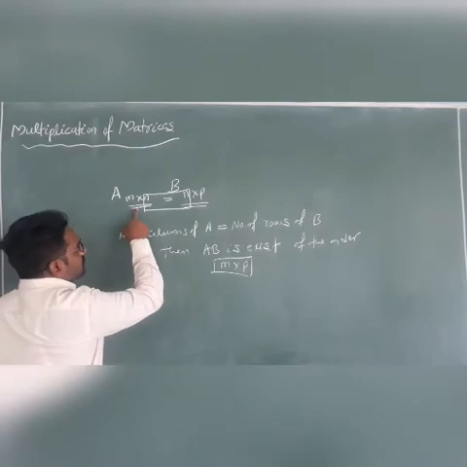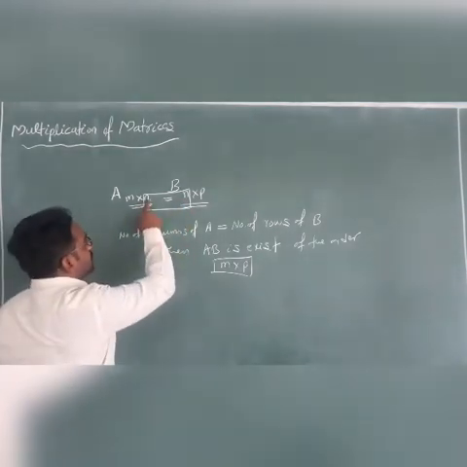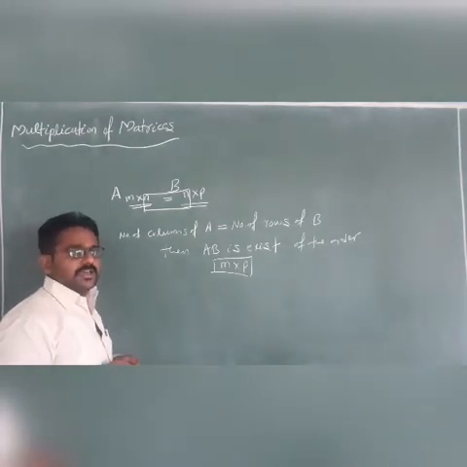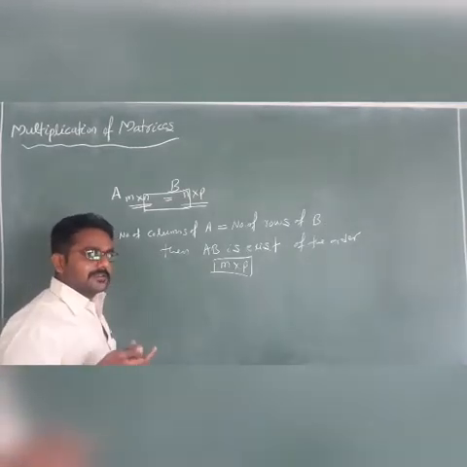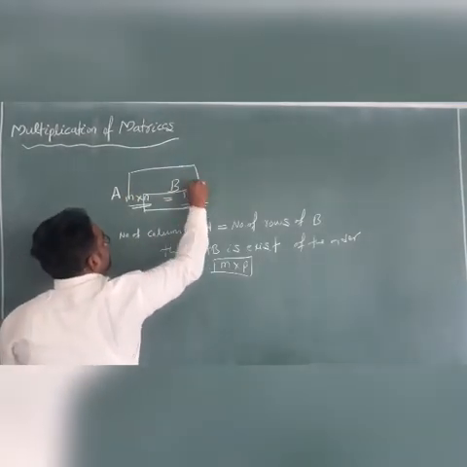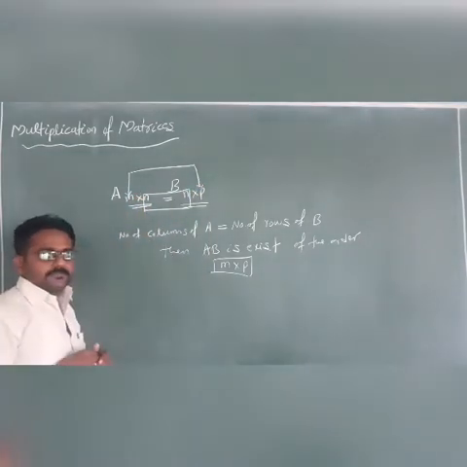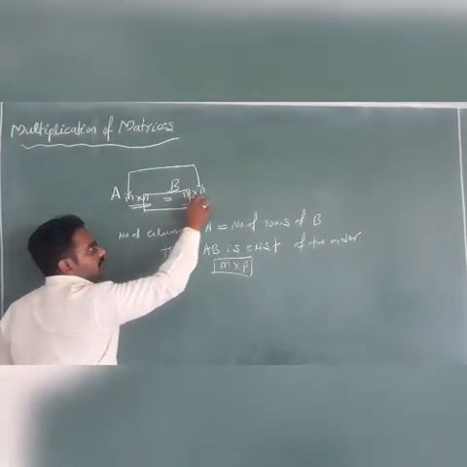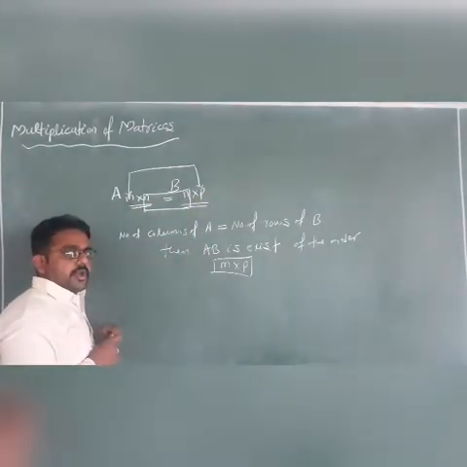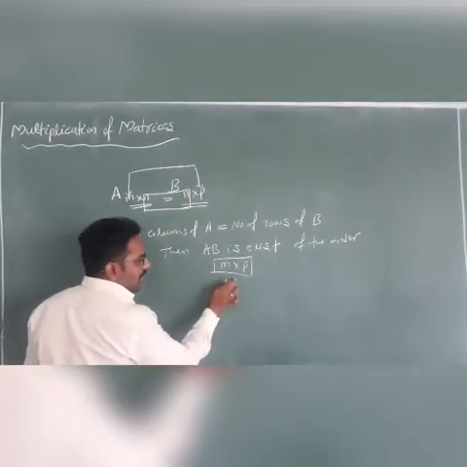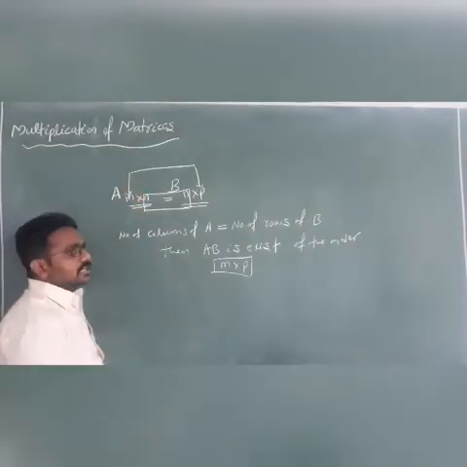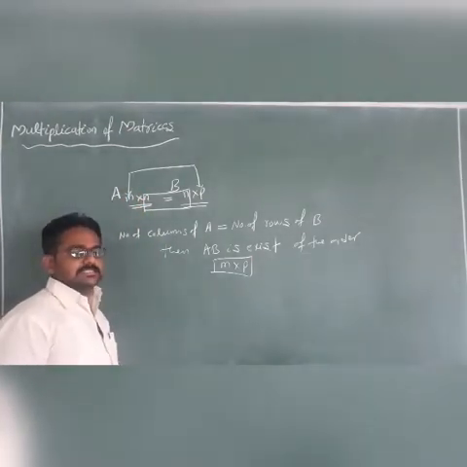The number of columns of matrix A is equal to the number of rows of matrix B. Then AB exists of what order? Of the order m by p, meaning the number of rows of matrix A cross the number of columns of matrix B. That is the order of the new or product matrix of the two given matrices.